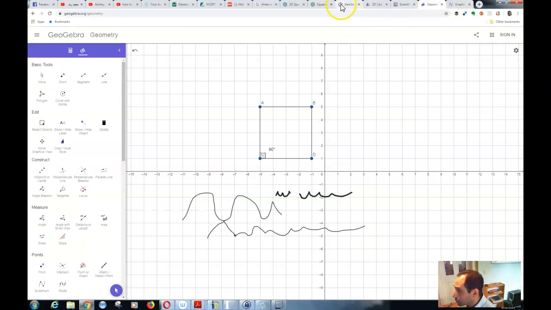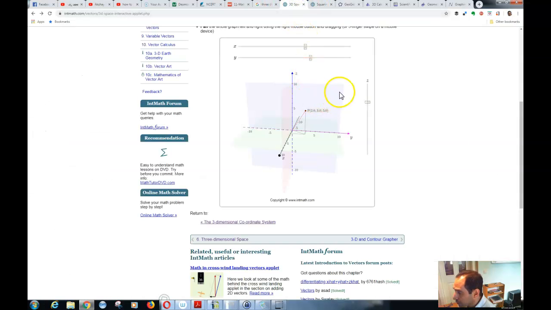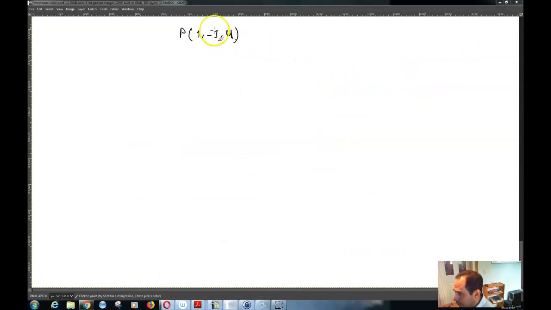Over here you can see that your x's are positive, your z's are positive, and y's are negative.